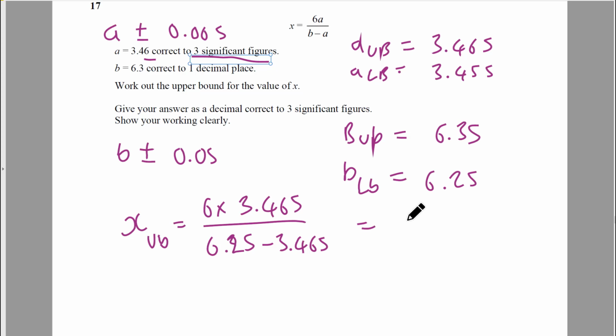So just going to write out what I've done. So it'll be 6 times a upper bound divided by b lower bound minus a upper bound, because this will make this number as small as possible and this will make the top as big as possible, and that should make sense.